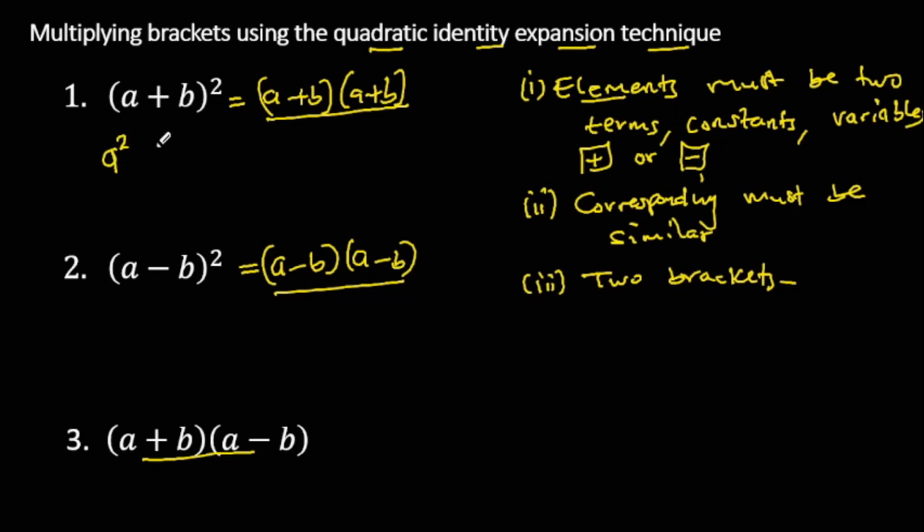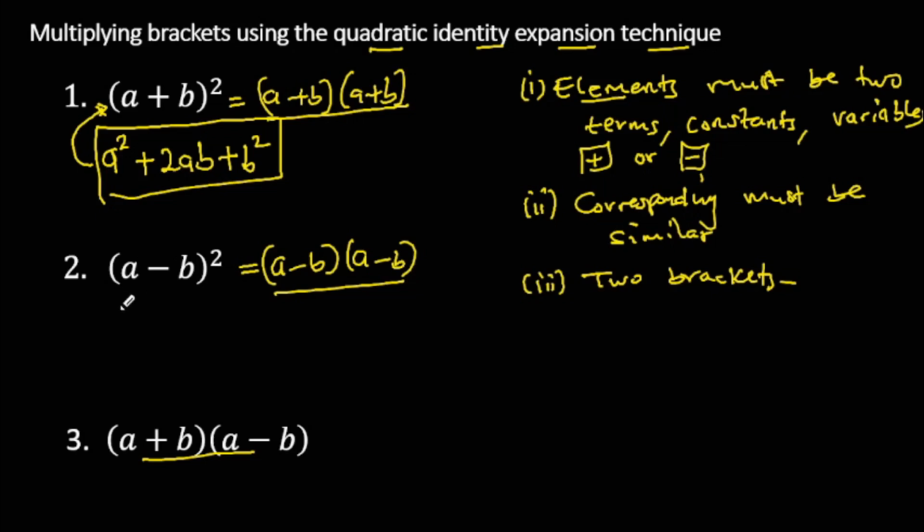Then the sign between them is a plus. Then you find the product of the two terms, that is, you multiply them, then you double it. So a times b is going to be ab, doubled, that is, you multiply by 2, is going to give us 2ab. Then take the second element and square it. And therefore, b squared is going to give us b squared. And this is the expanded form.